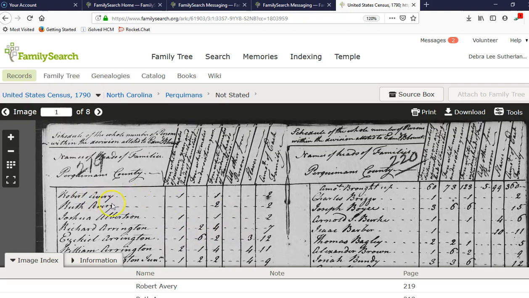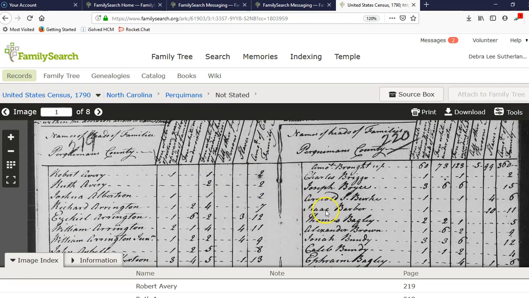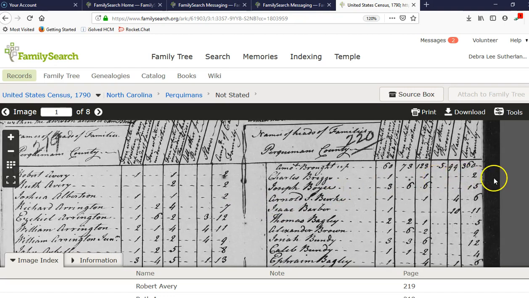And I would just go ahead and put right here, it's Robert Avery. So we're going to go ahead and put Robert Avery's family information. And there isn't a lot in, there's younger men, older men, and then women, and then all of them together. In the 1790 census, there's not much at all. Or Charles Briggs and his family.